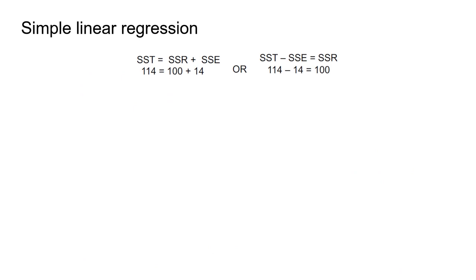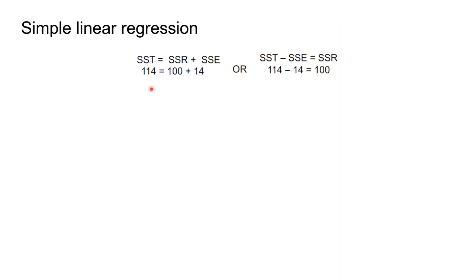So what we have just described is that regression is basically partitioning the sum of squared total error into the sum squared regression and the sum squared error.